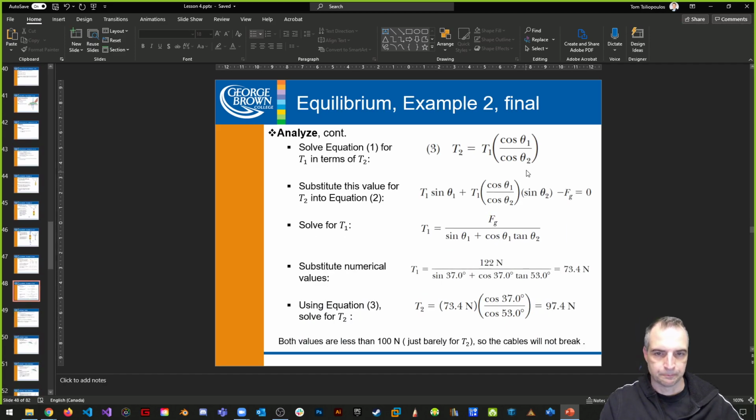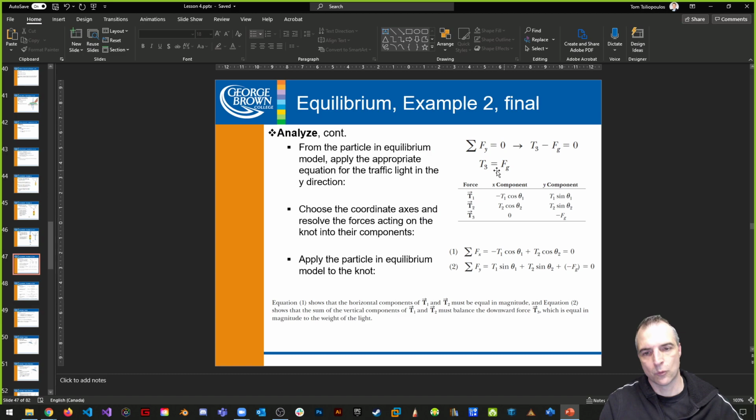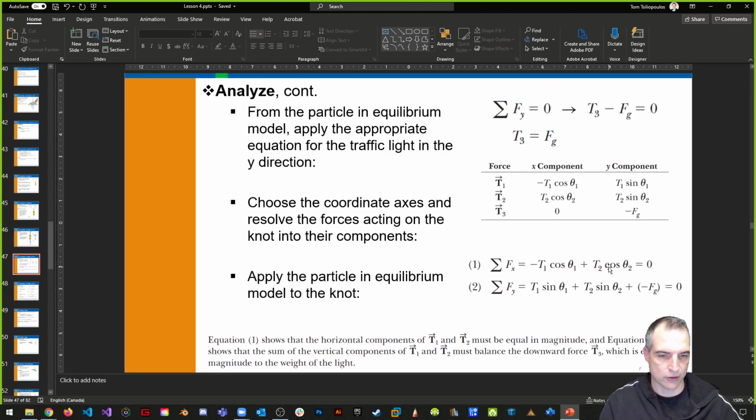When we substitute, we want to put one tension in terms of another one. So we want to solve for, for example, T1. We can put one equation in terms of another one. In other words, if I know that the sum of all forces on the x-axis is 0, I manipulate this equation: T2 cos theta 2 is equal to T1 cos theta 1, moving this whole thing to the other side with algebra.